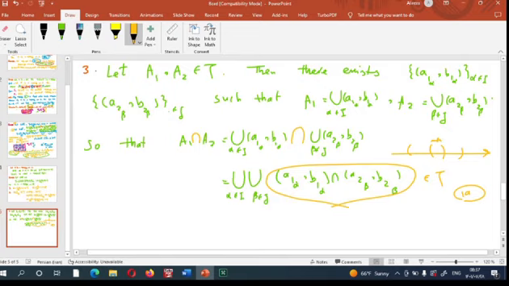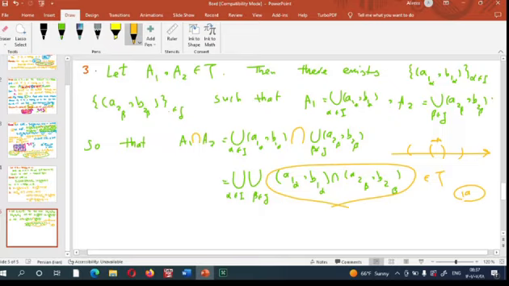But these intervals depend on A1, because its union must be equal to A1, and this index must depend on A2. Okay.